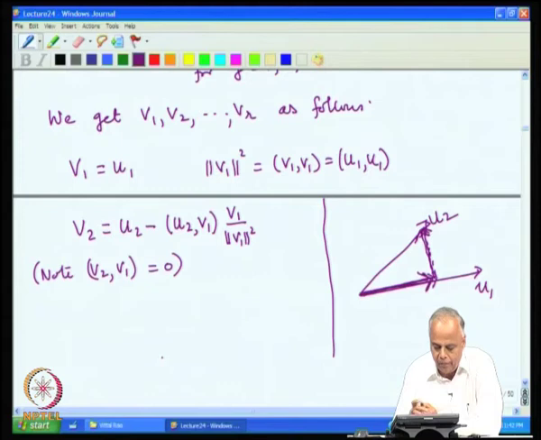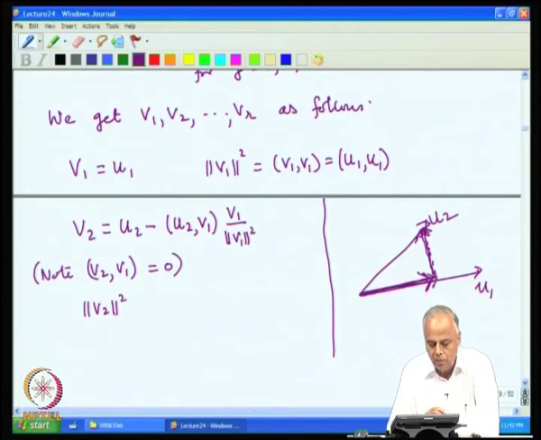Now, having obtained v2, we find the length of v2 squared.